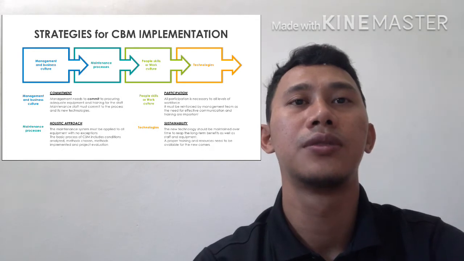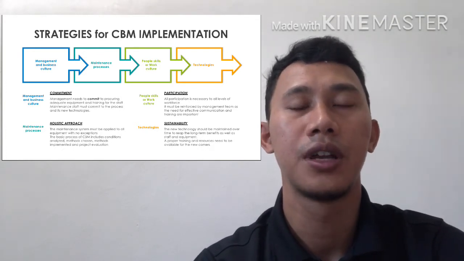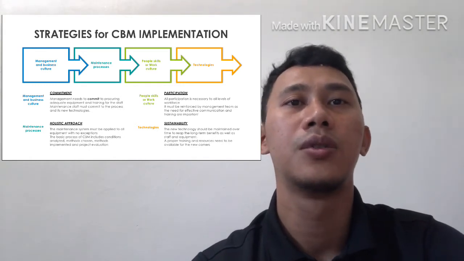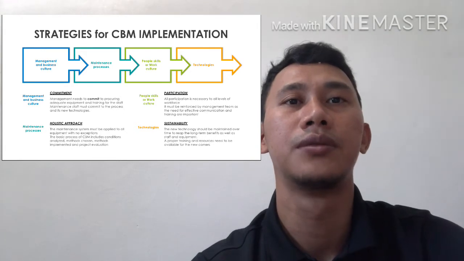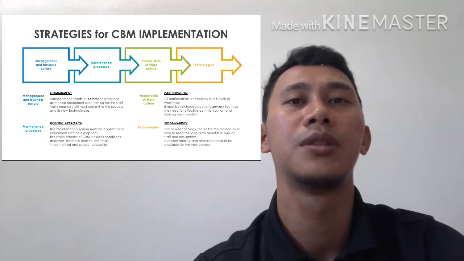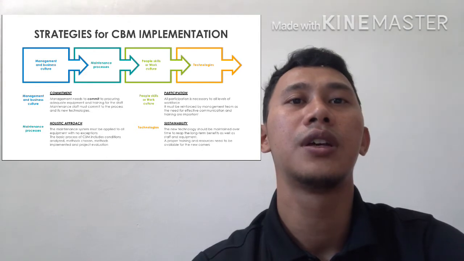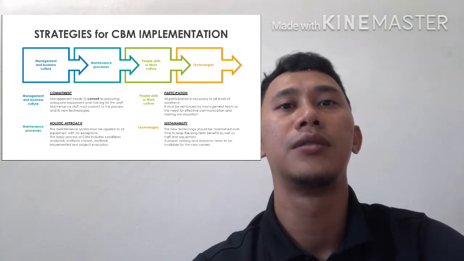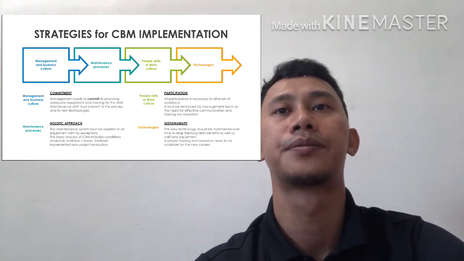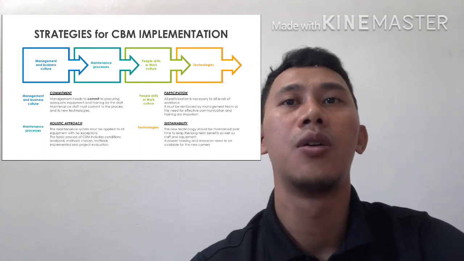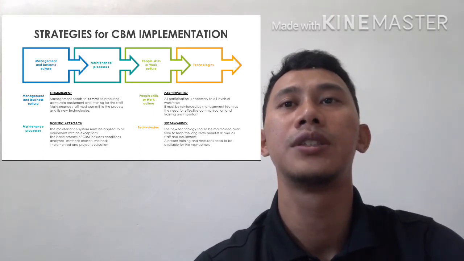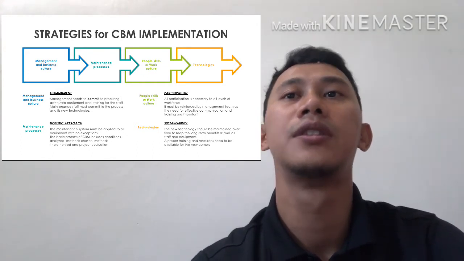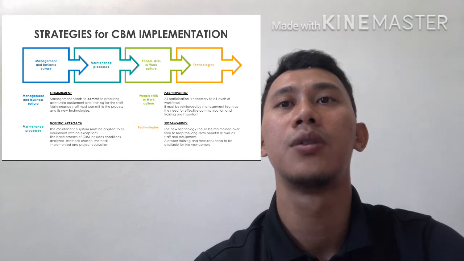Maintenance process is referred to holistic approach. The maintenance system must be applied to all equipment with no exception. The basic process of CBM includes condition analysis, method choice, method implementation, and project evaluation. People skill or work culture is referred to participation. All participation is necessary at all levels of the workforce.